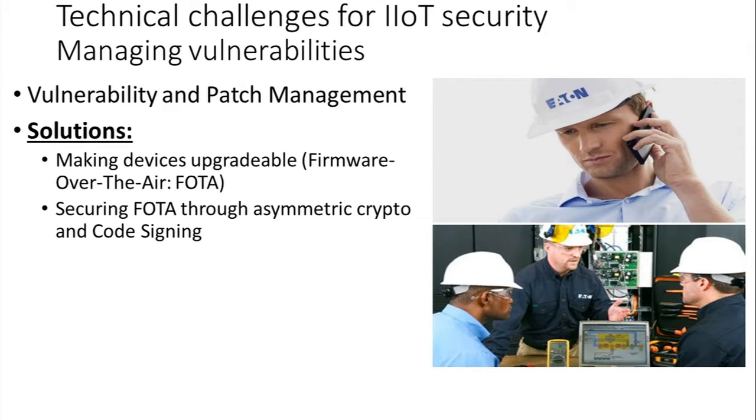It's going to be almost impractical to send a technician out to plug into a device that's in a harsh hazardous environment or in a plant and do that all the time just to maintain the right security practices. So we're going to have to think about how do we do that in a safe way? How are the patches signed and communicated so that you have trusted assurance that the firmware is coming from a trusted source, and doing that over the air.